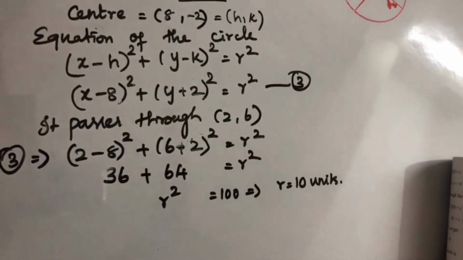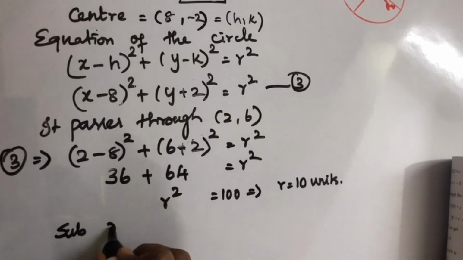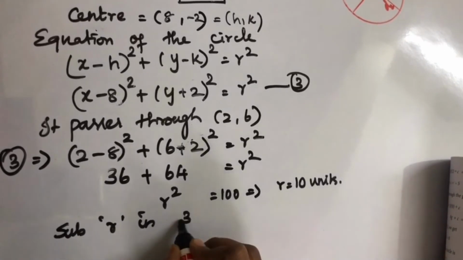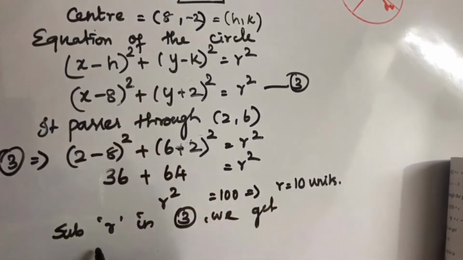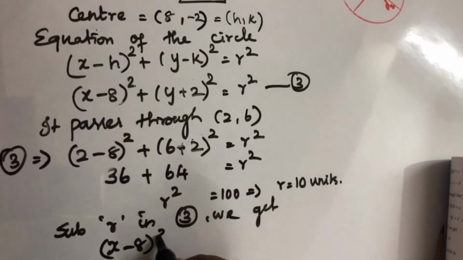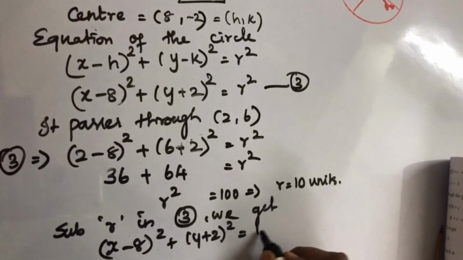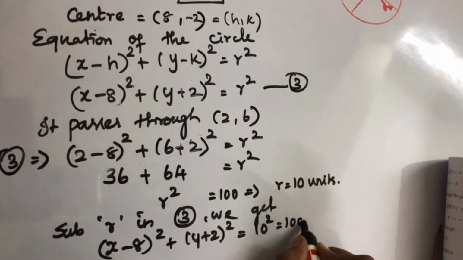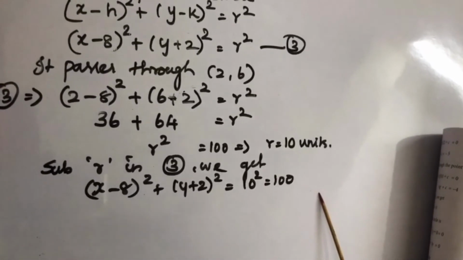Okay. Now, we have to find the equation of the circle. So, substitute r in our equation 3. We get (x minus 8) the whole square plus (y plus 2) the whole square is equal to 10 square, and it is 100. Okay.